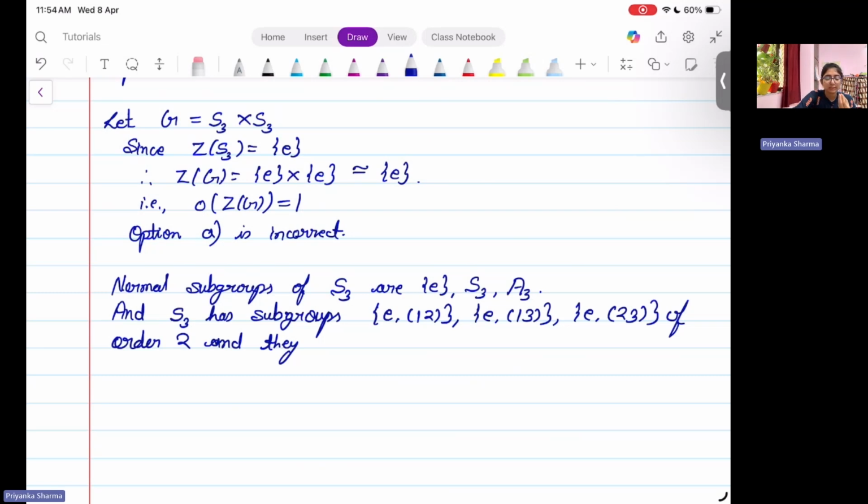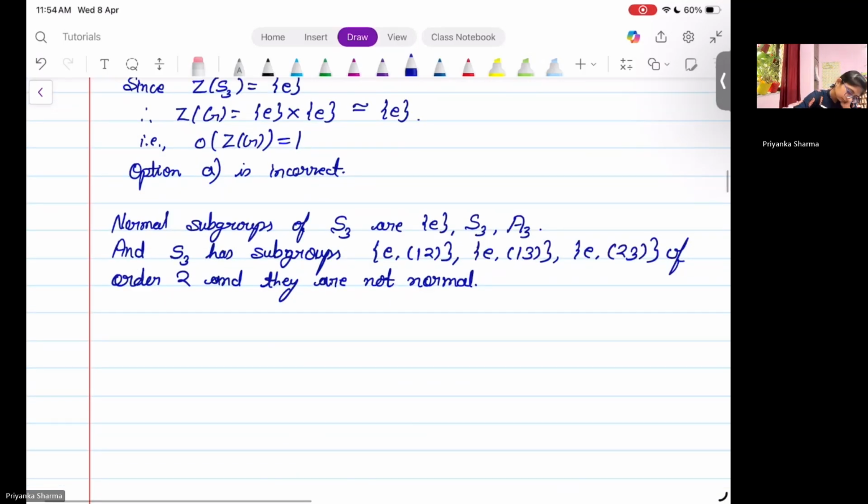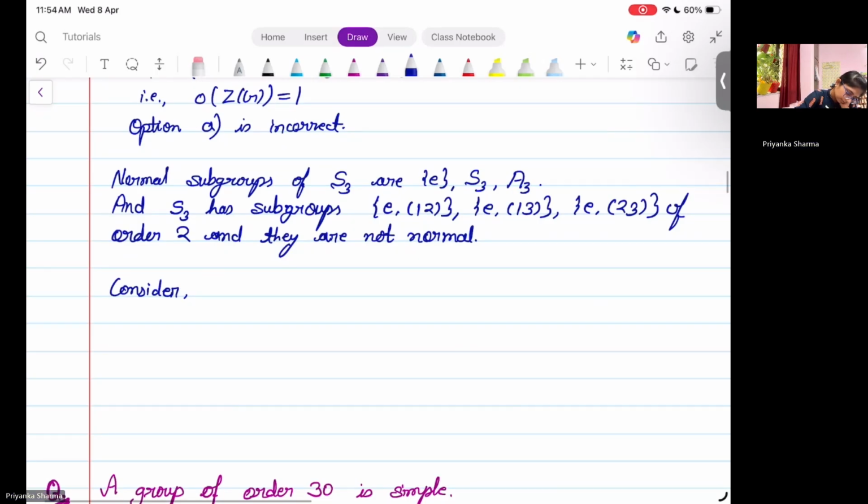They are not unique, so they won't be normal. Now, what if we consider identity 1 2 cross identity 1 3, which is a subgroup of S3 cross S3.